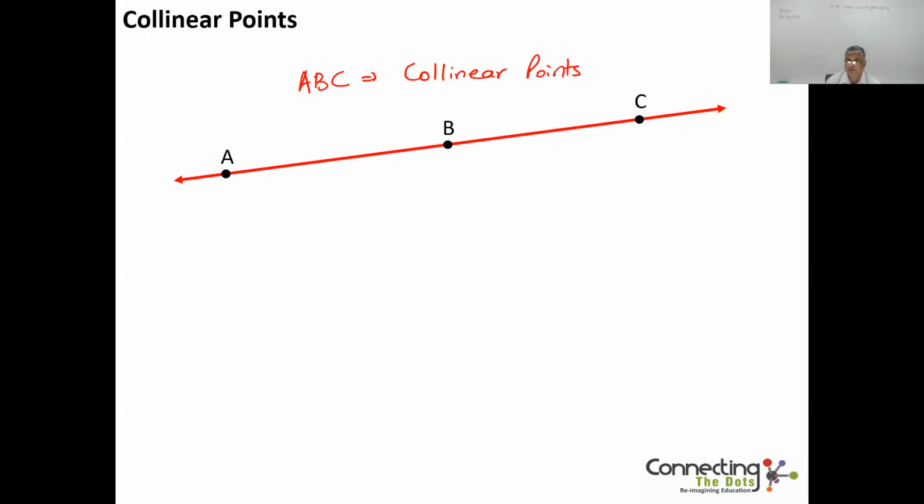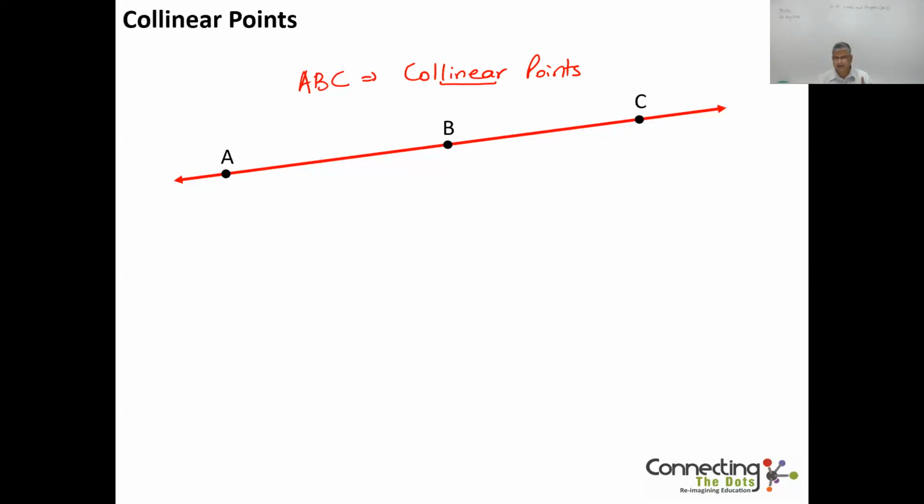What are collinear points? Basically, linear means line, and collinear means they exist on the same line. So all the 3 points are on the same line.